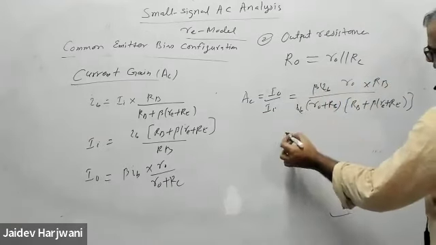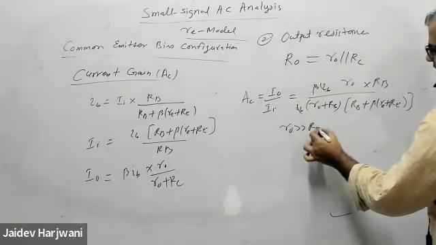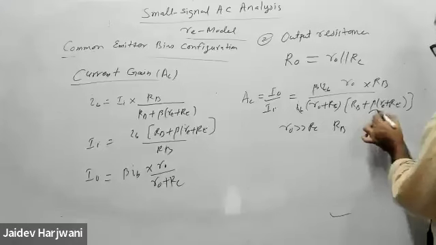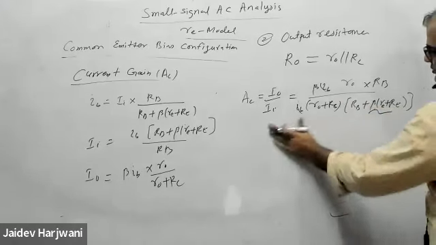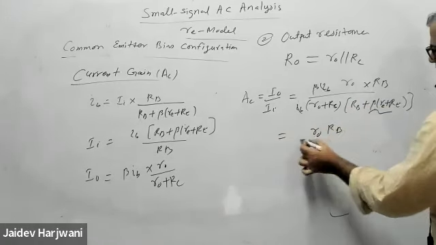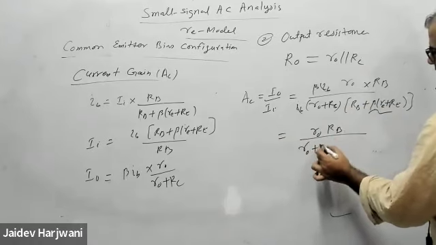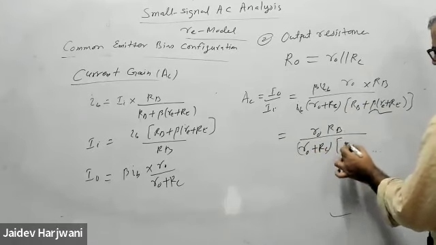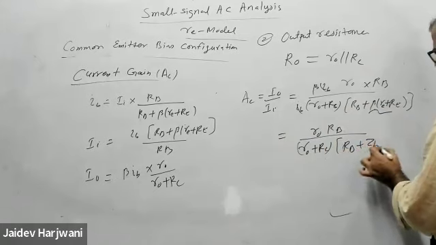And again, if you say R naught is greater than RC, and RB is, this is basically ZB, beta RE plus RB, I have written ZB, so you can write this is equal to R naught RB, R naught RC, so this is RB plus ZB.